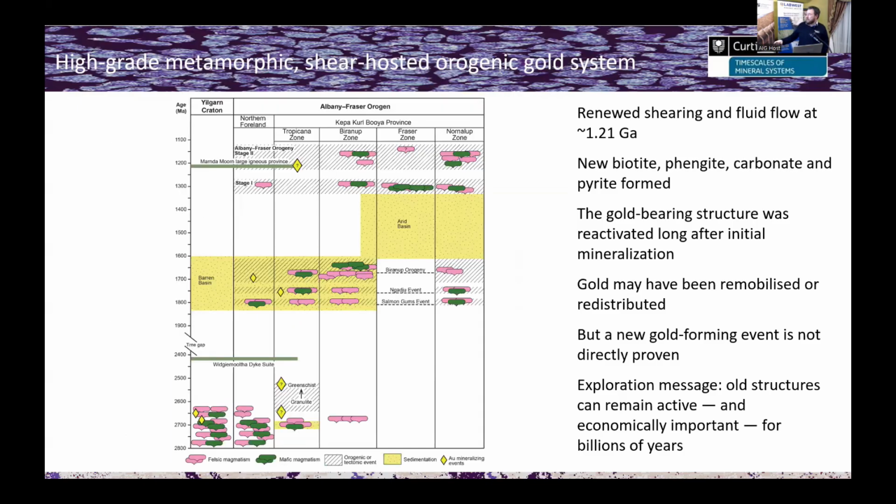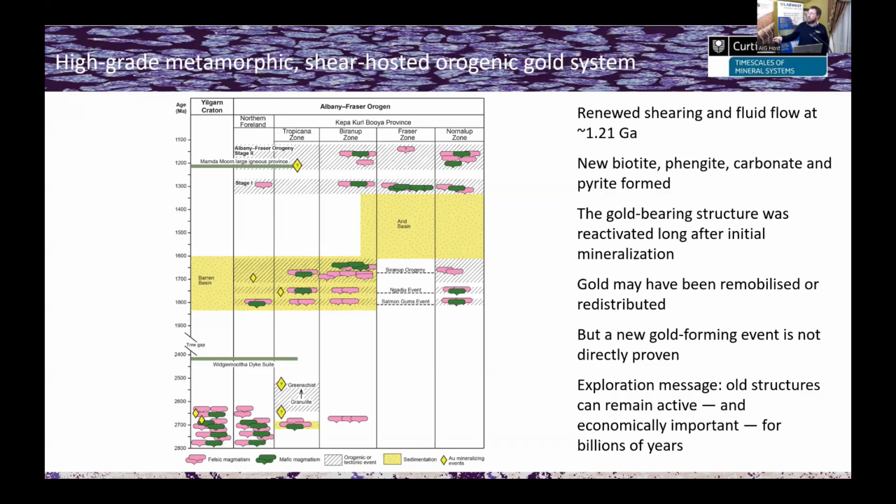There is an early phase of mineralization associated with high-grade metamorphism, but there is also a later stage of mobility. And that later stage of mobility is coeval, or at the same time as we're getting other mafic rocks and granites placed into the wider orogenic system.